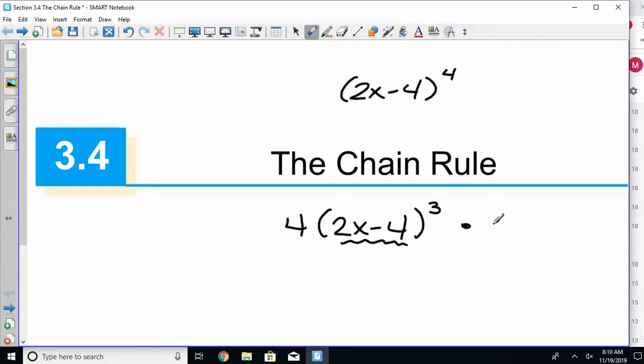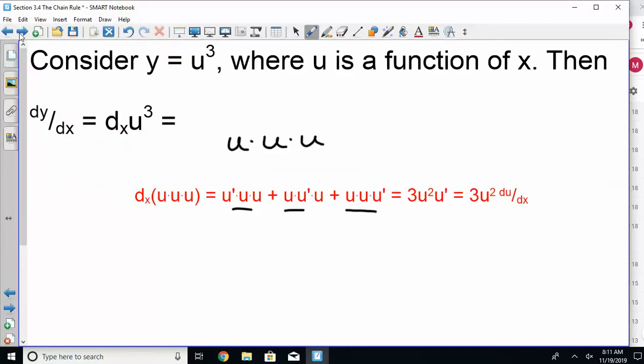What's the derivative of 2x minus 4? 2. So this derivative actually turns out to be 8 times (2x minus 4) cubed. And we don't have to multiply it all out first. Any questions there? So that is the big thing we are doing today.